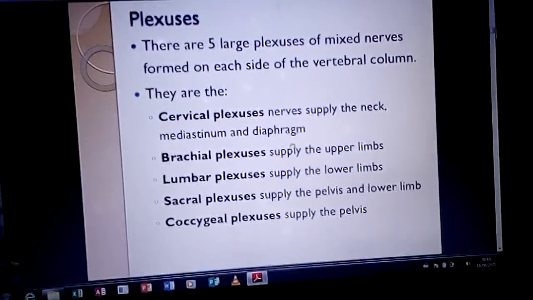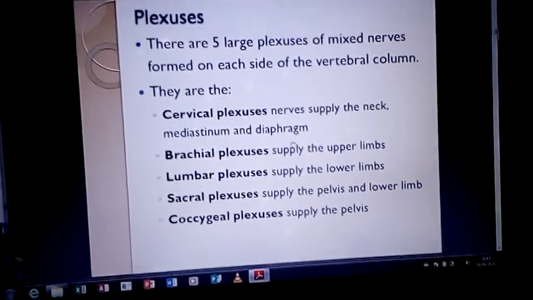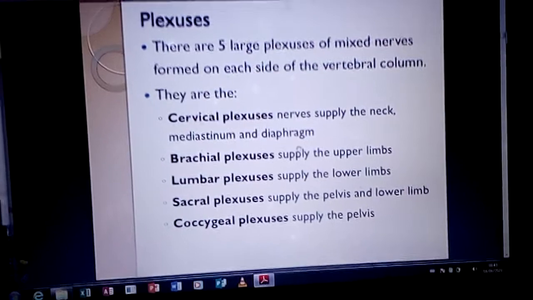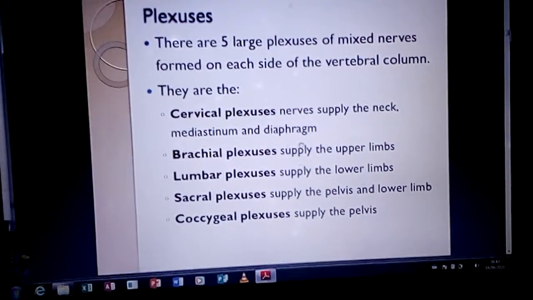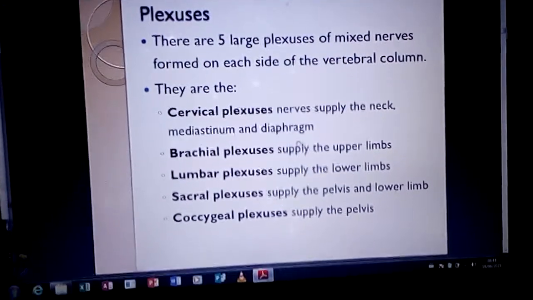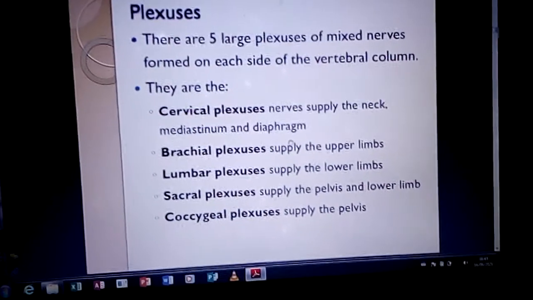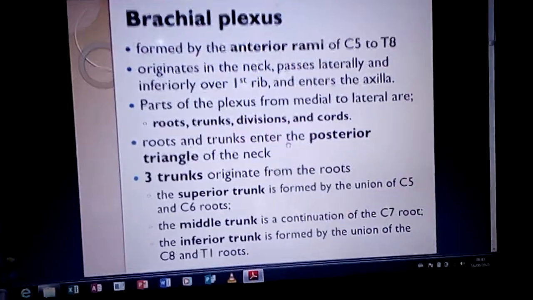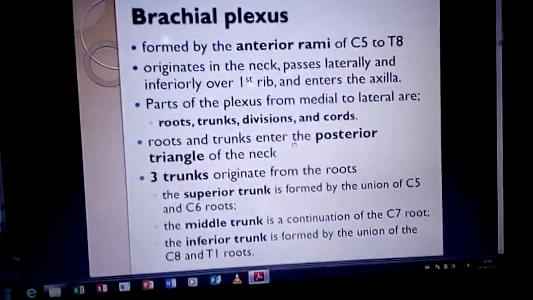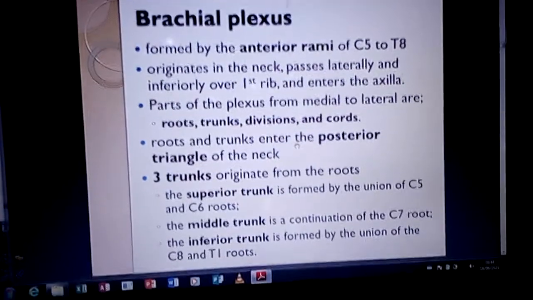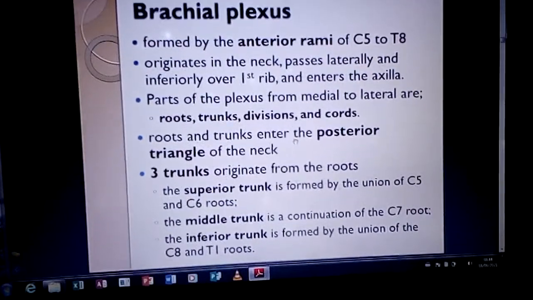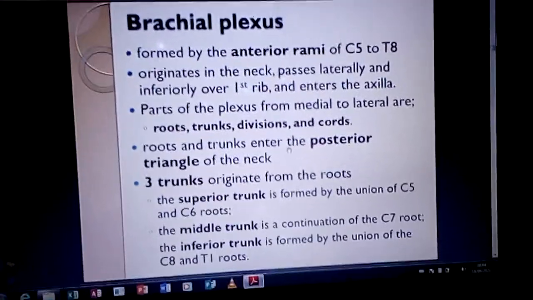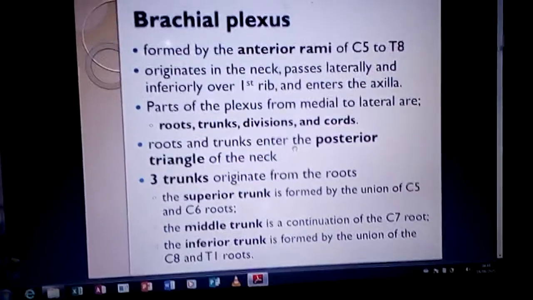Let's also take note that the thoracic region, which contains 12 spinal nerves, does not form any plexus. It innervates the intercostal muscles, which are the muscles between the ribs.